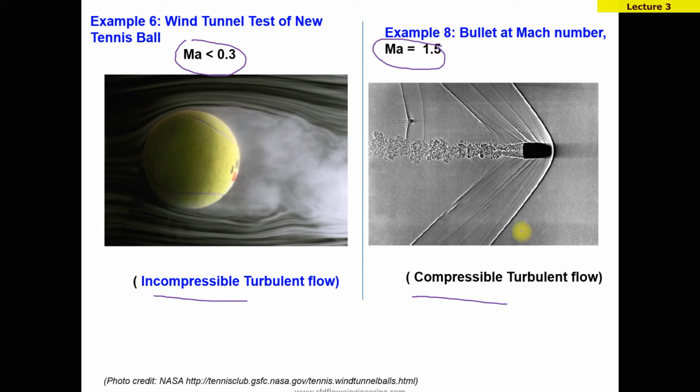An example is a bullet going at Mach number 1.2; there is a shock wave here, and this is the wake region that is formed. You can see the level of turbulence here. Small fluctuations are observed, but this is a compressible turbulent flow.